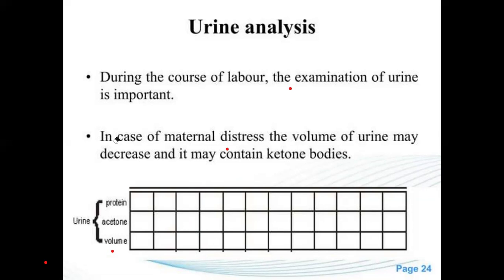But if the protein level is +1 or double plus on the urine dipstick test, that shows the mother might have eclampsia or preeclampsia. So you have to write acetone, and then the volume. Maybe the mother has passed 30 ml. So now this was a complete representation I have taught you.